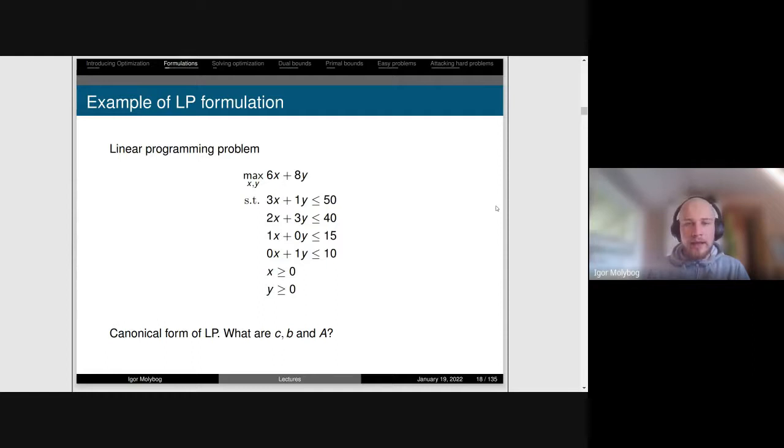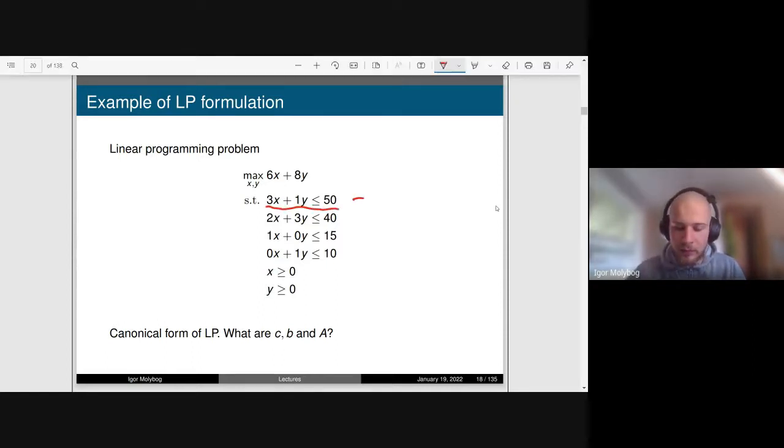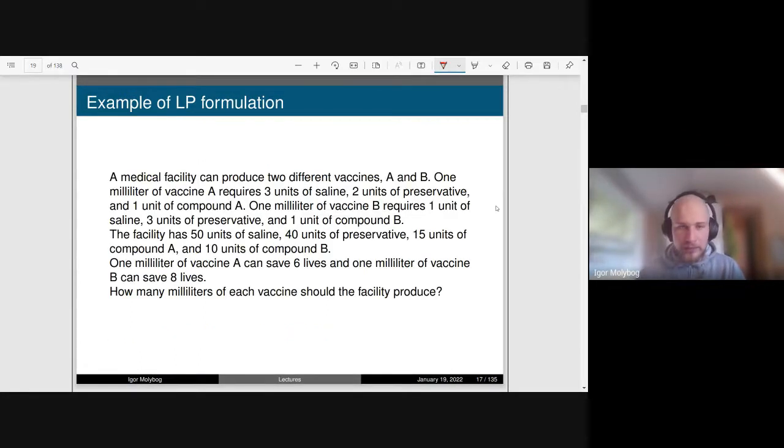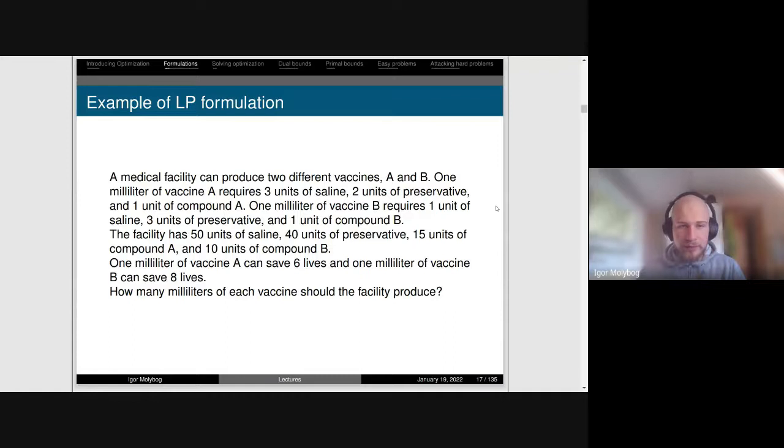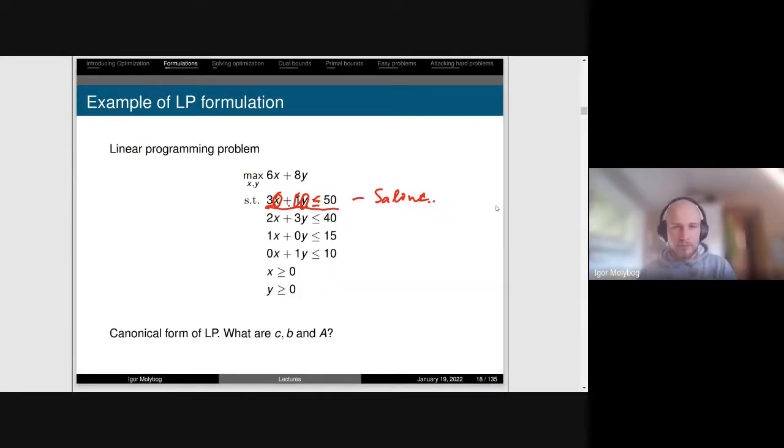So this inequality right here is the inequality on saline. It's telling you that 3 times the amount of vaccine A produced plus 1 times the amount of vaccine B produced must be less than or equal to 50, just because 50 is the number of units of saline that we have available.